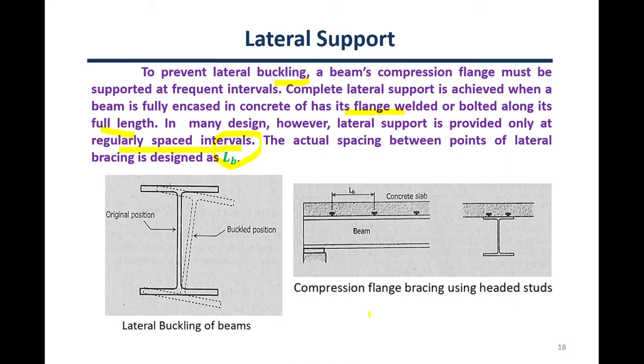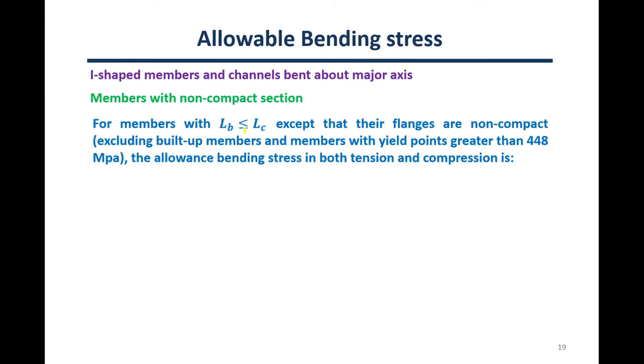Okay. For I-shaped members and channels bent about the major axis, we have members with non-compact sections, where Lb is equal to or less than Lc, except that their flanges are not compact, excluding built-up members and members with yield points greater than 448 megapascals. The allowable bending stress in both tension and compression is Fb equal to 0.66 Fy.